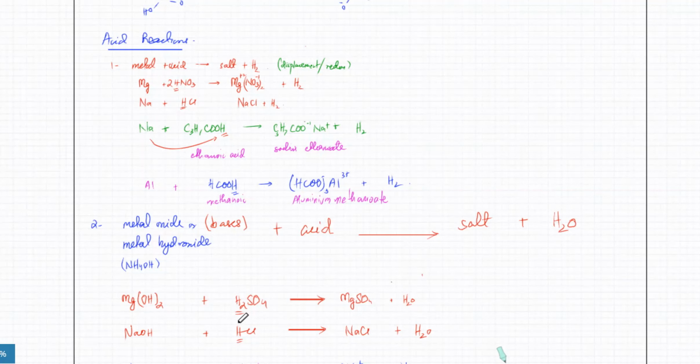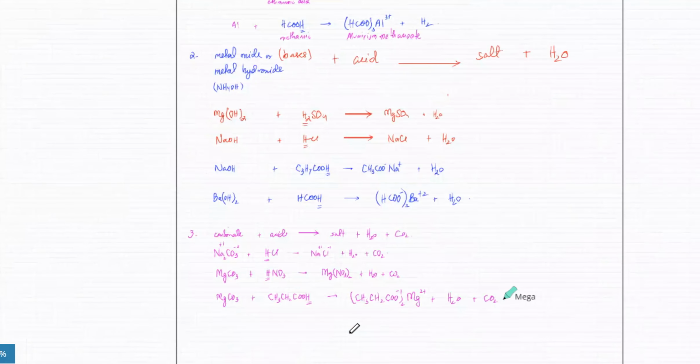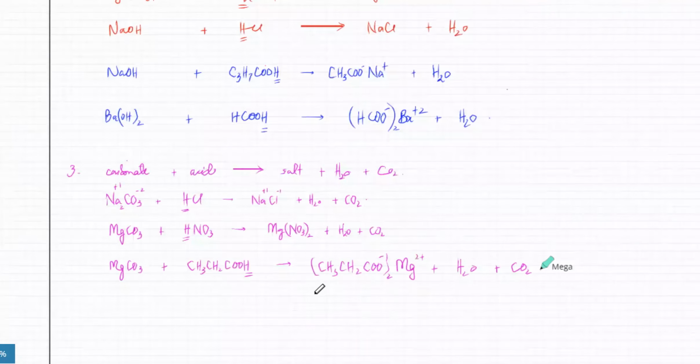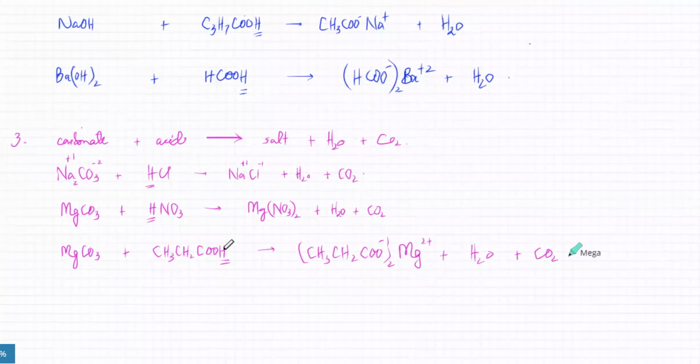Na comes in, knocks out the H, and you get NaCl. और तीसरा reaction था कि carbonate reacting with acid produces salt, water, and carbon dioxide. So if you have MgCO3, you do the same thing: get rid of the H, replace it with Mg, that's it. So you get all these products.